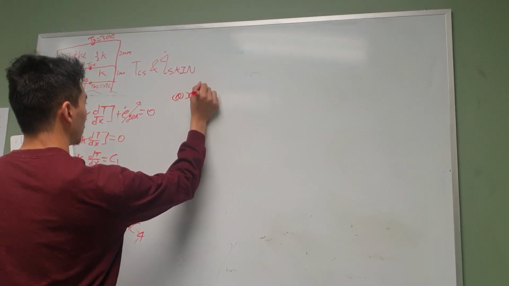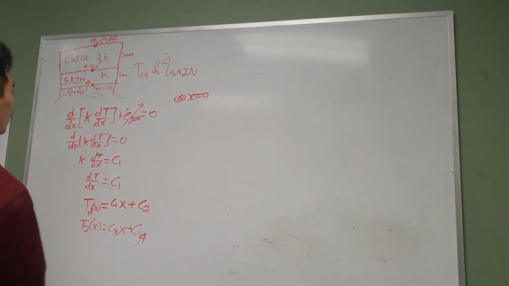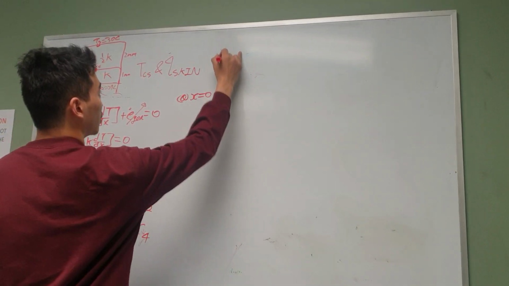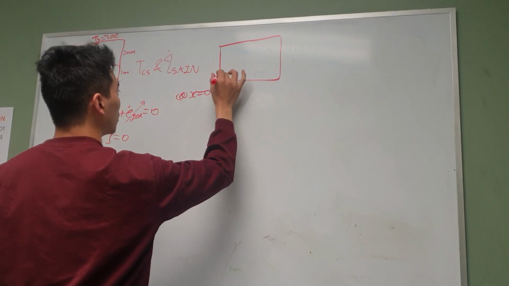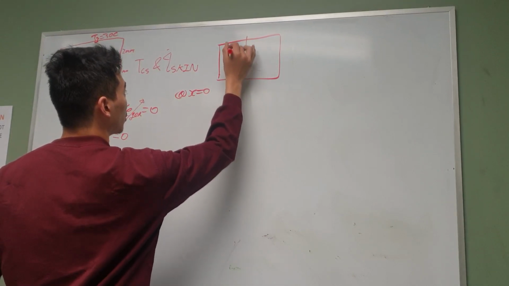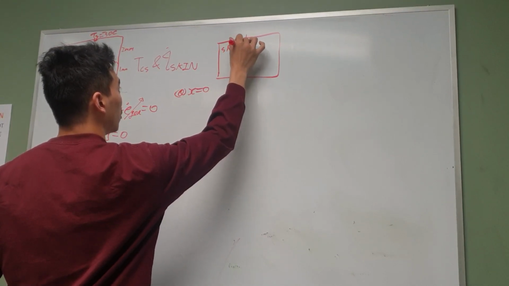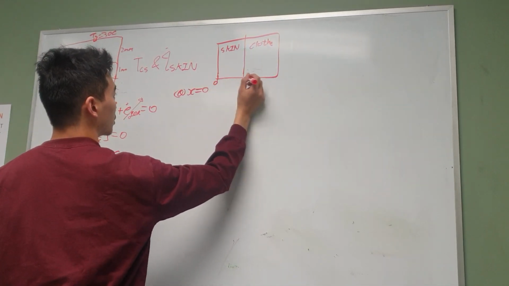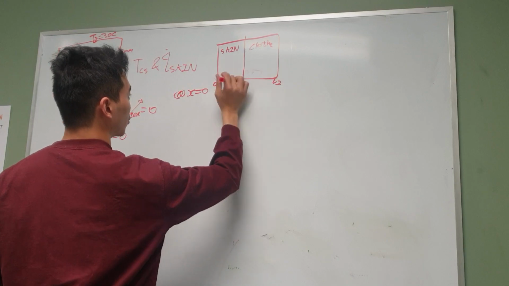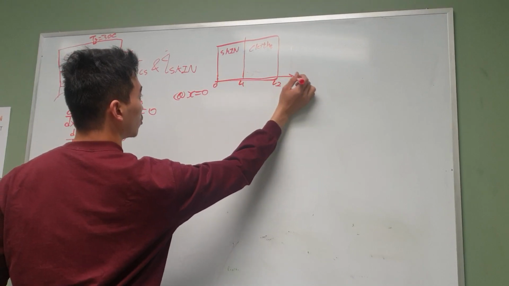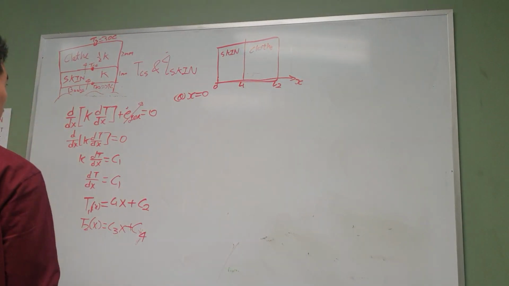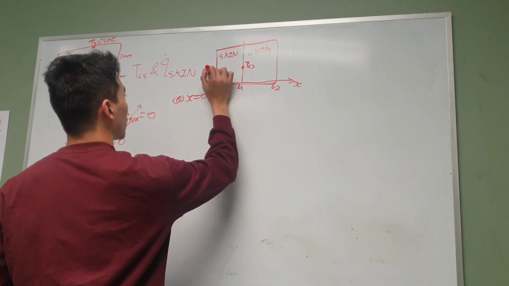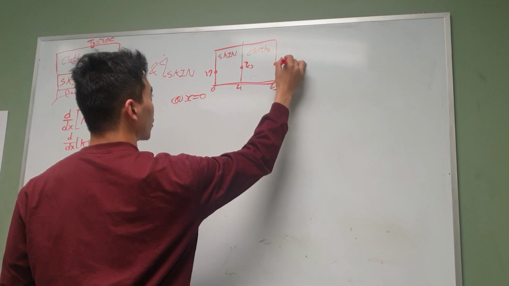So at x is equal to 0, and let's draw it horizontally. This is skin and clothes. Let's call it 0, L1, and L2. This boundary is TCS, this 37, this 30.